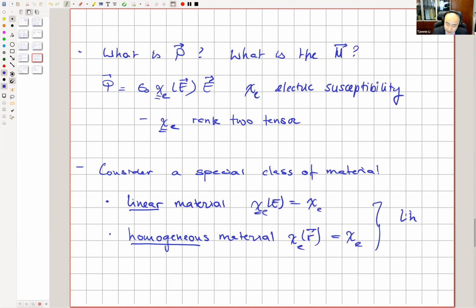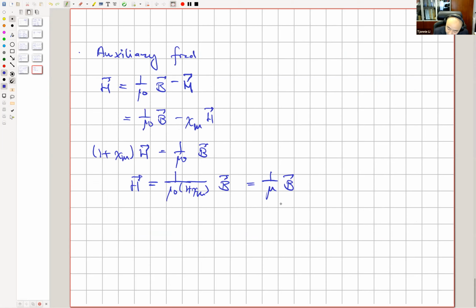If chi e is some generic rank 2 tensor, then it depends on the details of this tensor before I know what P is given a certain E. Generally, this is a very difficult calculation to do. For these linear materials, I have these nice linear relationships, and then I can do the computations relatively easily.